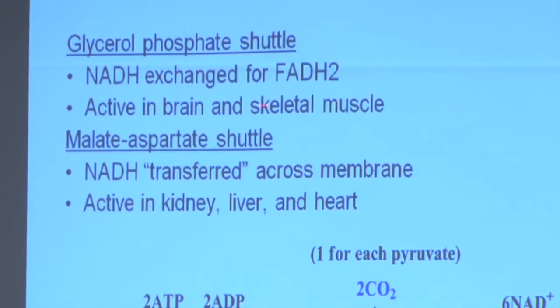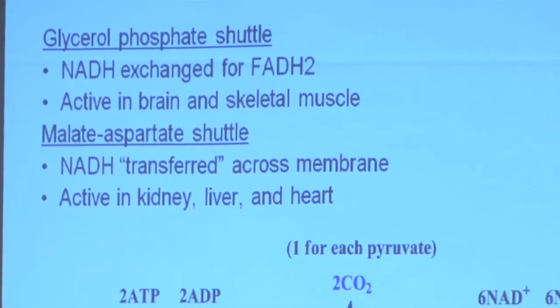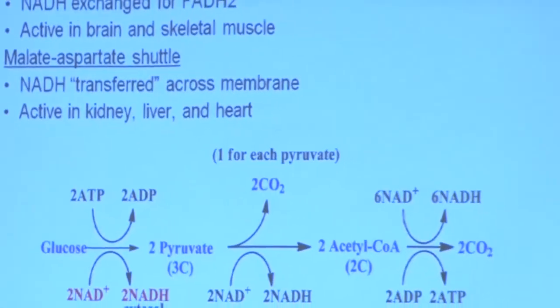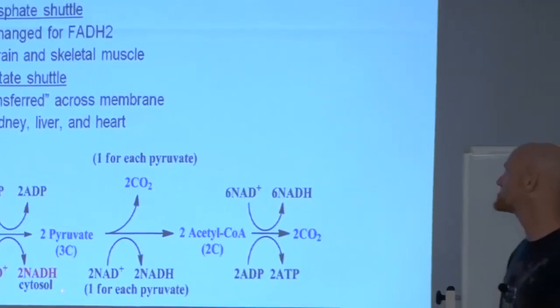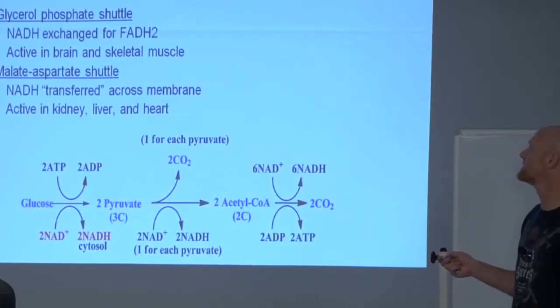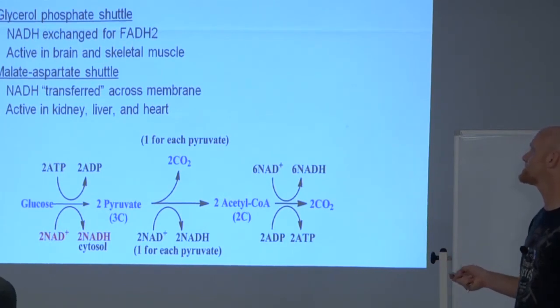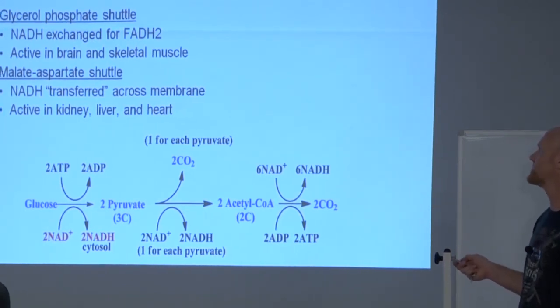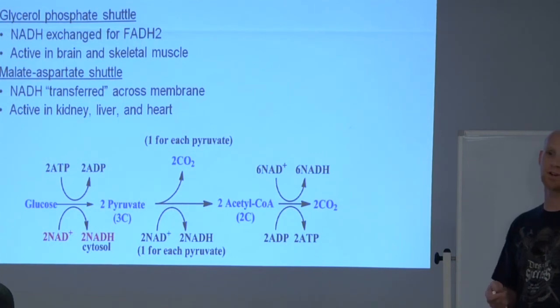Depending on which shuttle you use, your net ATP count, if you start from 1 glucose back in glycolysis, will be a little bit different. How many NADHs did we produce back in glycolysis? 2. So if I go the malate aspartate shuttle, how many ATPs will those 2 NADHs turn into in the electron transport chain and ATP synthase?